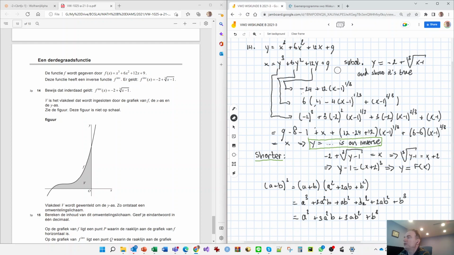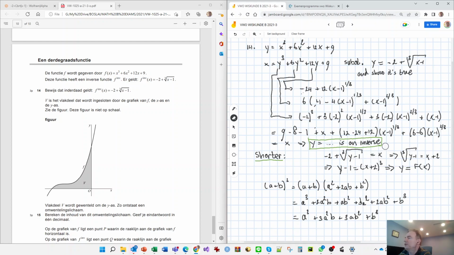Let me just do the shorter one. And the shorter one is just looking at the inverse here, then do the same thing, flip x and y, so you get minus 2 times the cube root of x minus 1 becomes cube root of y minus 1, and is equal to x.